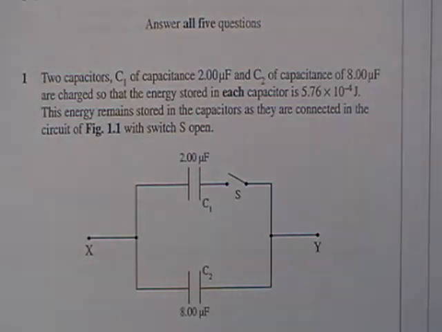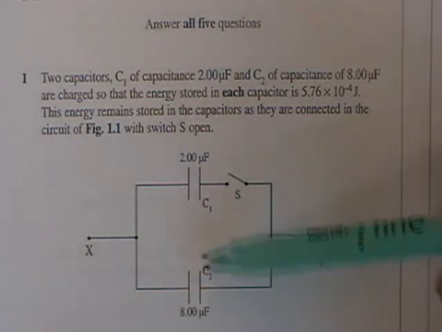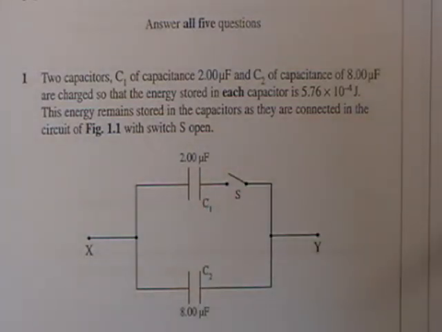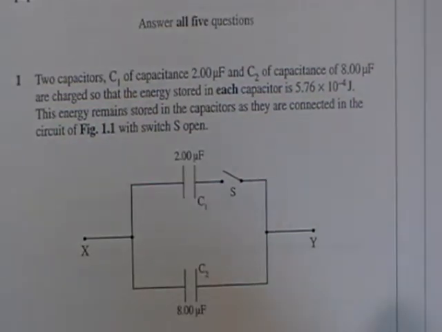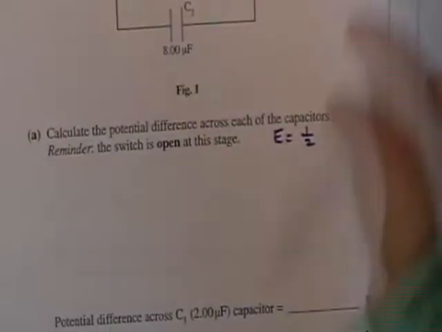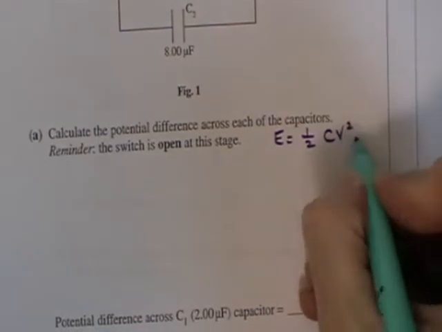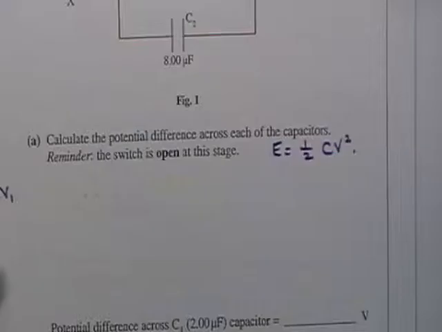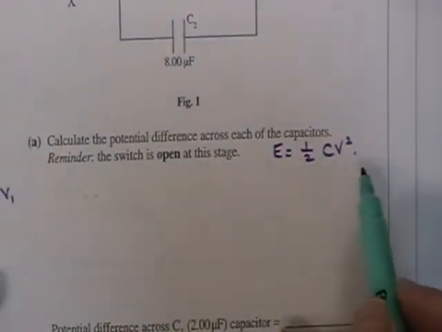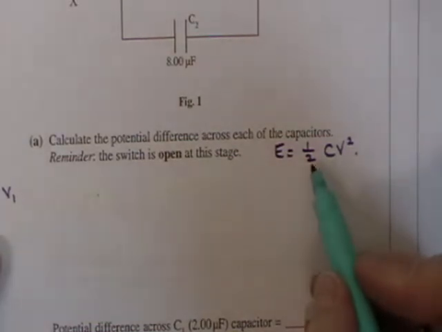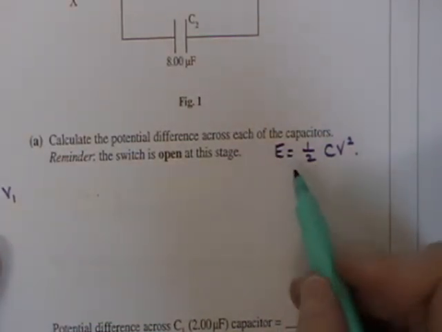So the information that you've got here is the energy stored in each capacitor, and so therefore you have to work with that equation. The equation we're going to use is E is equal to half CV squared. For the first capacitor, if we need V1, we have to rearrange that equation, and that's going to be 2E over C, and then the square root of it.